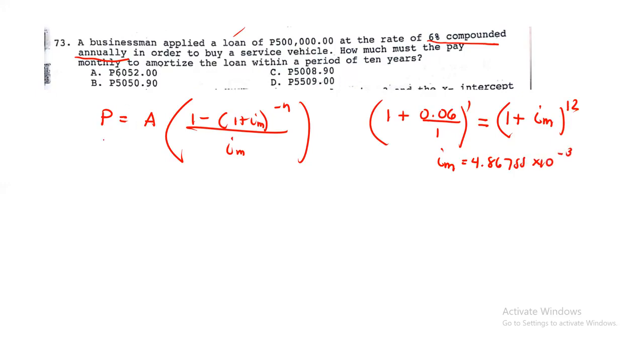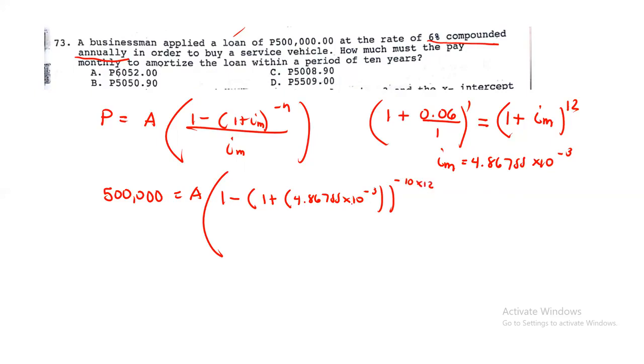So, we substitute here. The present worth 500,000 is equals to the annuity times 1 minus 1 plus 4.86755 times 10 raised to negative 3, raised to negative 10 years times 12 months, divided by 4.86755 times 10 raised to negative 3.